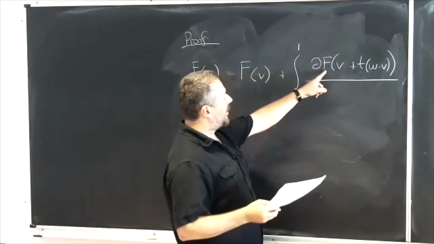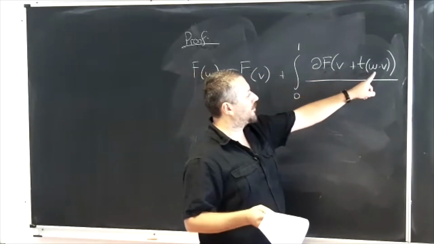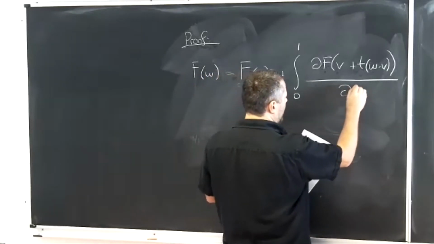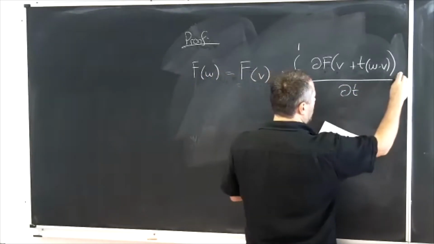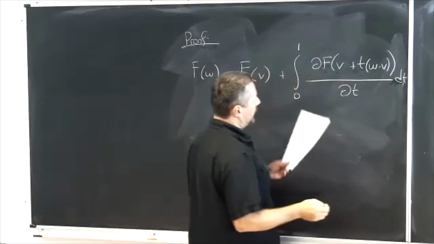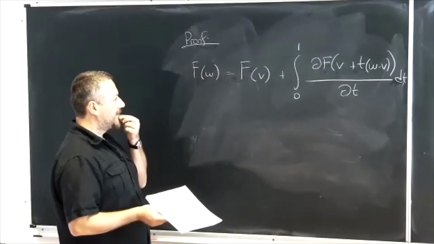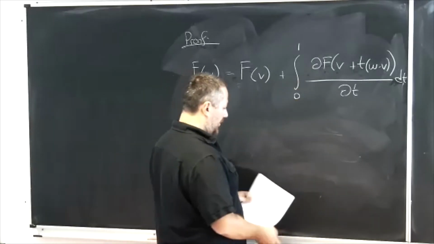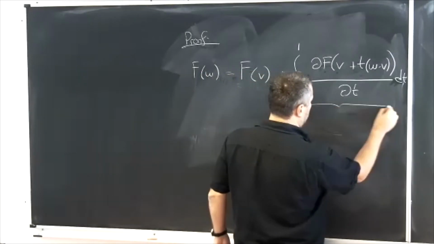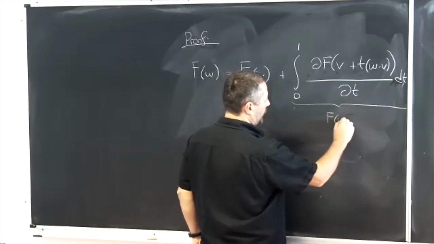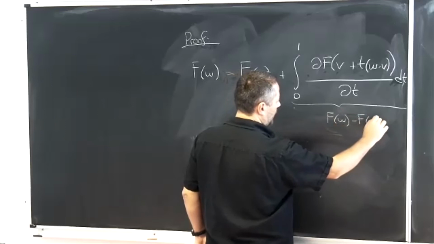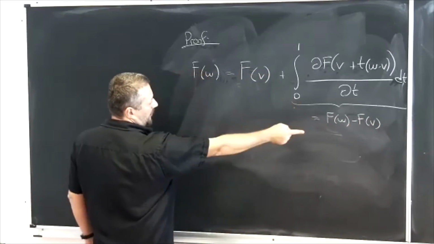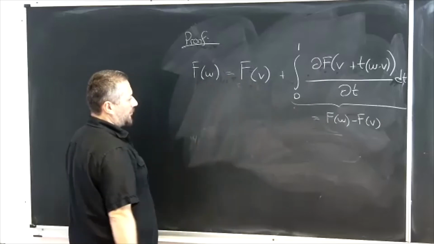So the values of f on the line from v to omega, and the derivative of this function with respect to t, and the integral of that with respect to t from 0 to 1. It's pretty easy to see that this thing here is just the value of f of omega minus f of v. So if you add that to this one, you get f of omega.